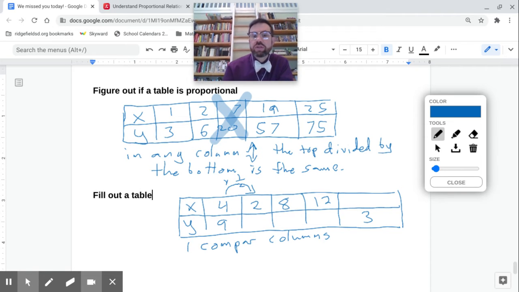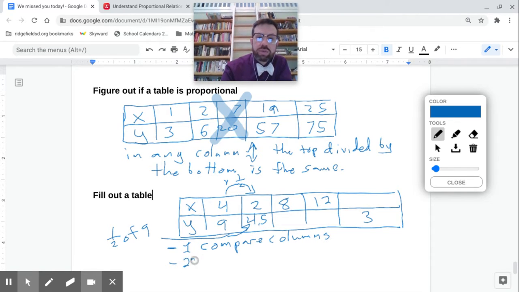So I could fill out this column right here by being half of 9. 4.5 is half of 9, right? The other thing that I could do, and it's trickier on this one, is I could say, okay, so 9 is 2 and 1/4 times as big, so I could compare columns, or one way is to compare columns.